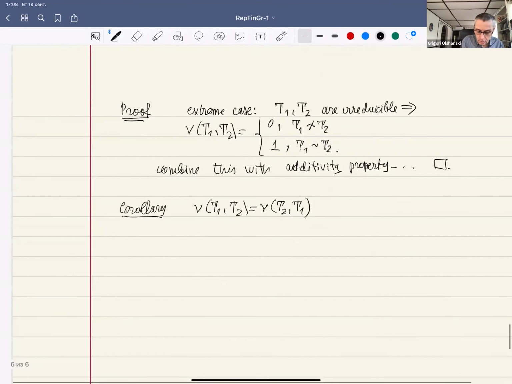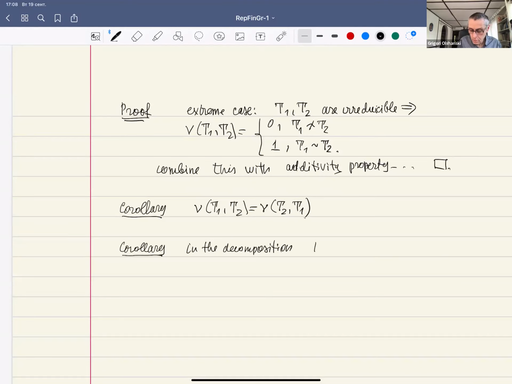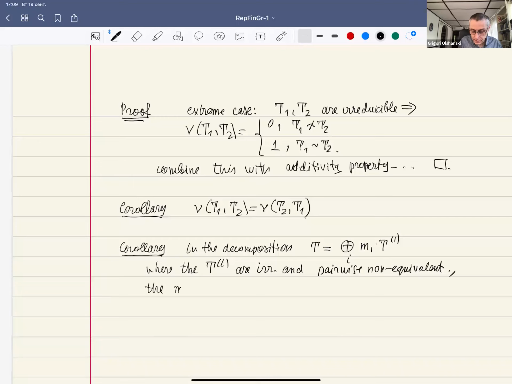The next corollary: in the decomposition of such a kind, where the components are irreducible and pairwise non-equivalent, the multiplicities are defined uniquely.